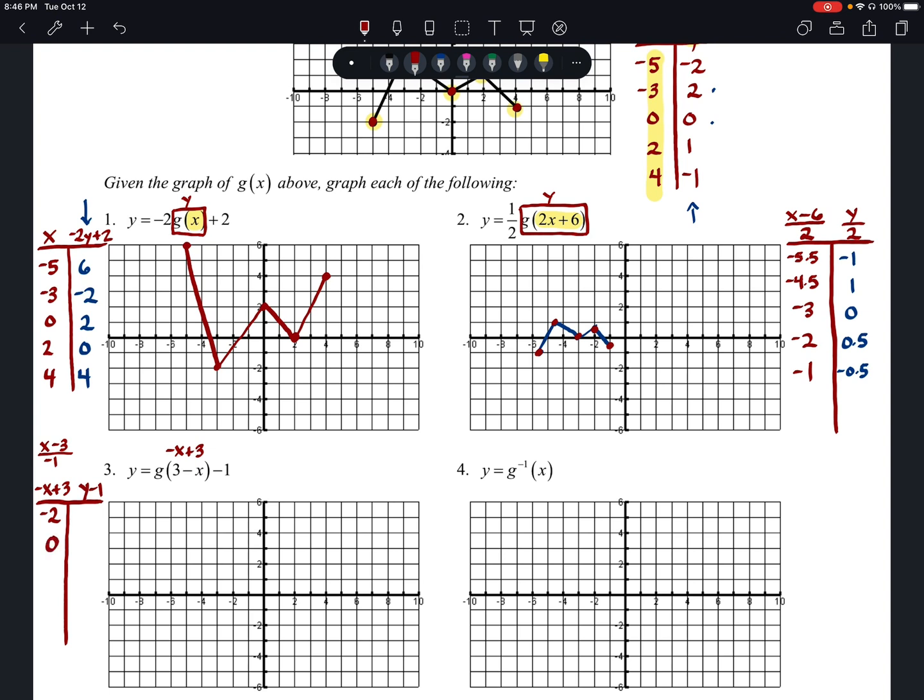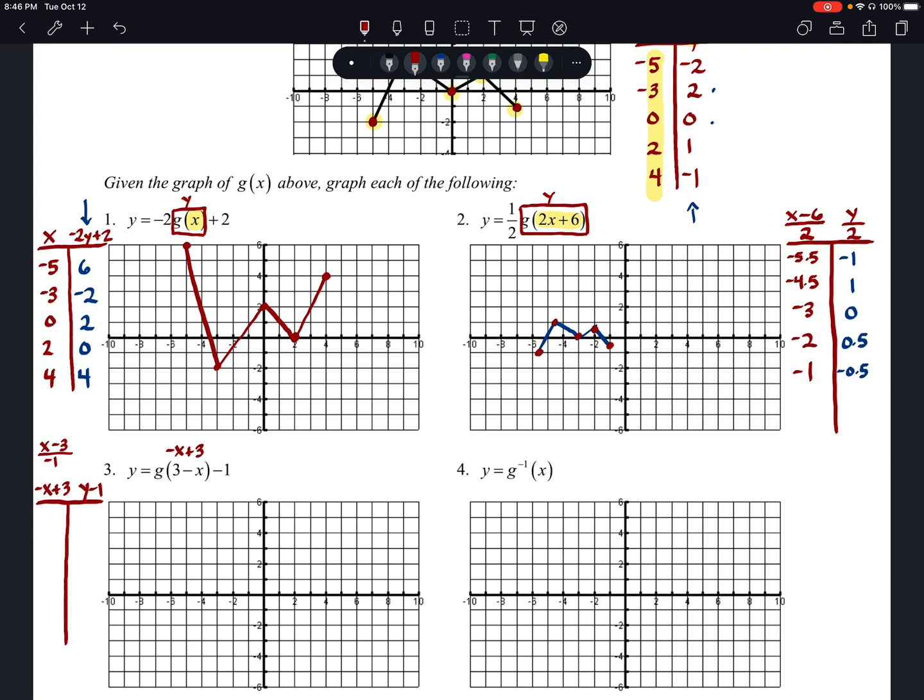We've got 0 plus 3 is going to be 3. Oh, hold on, did I goof that up? We should have had negative 5 plus 3 should have been 8. My bad. I got a little bit of a distraction here, so let's go back there.